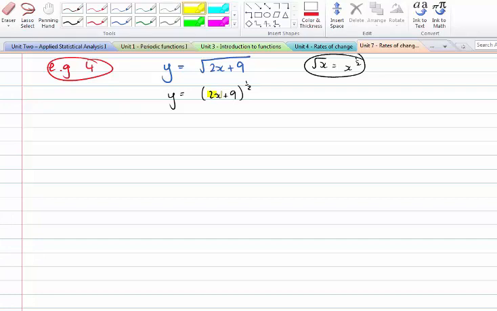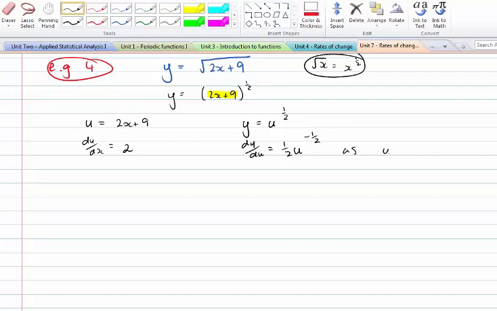Now, because it's in the right form, we can apply our chain rule. So we can let u equal 2x plus 9, and therefore y will be u to the power of a half. du dx will be 2, and dy du will be 1/2 u, and when you take 1 away from 1/2 we get negative 1/2.